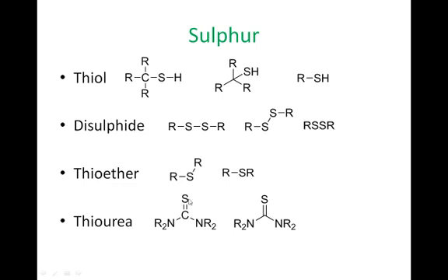And then again, we saw urea before, and because we've replaced the oxygen with the sulphur, we call this a thiourea. These are ones to be aware of, but they're very similar. You'll see the cousins of these sulphur compounds which contain oxygen. So they are very similar.